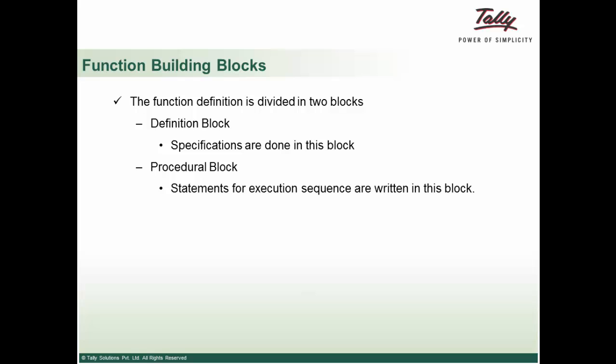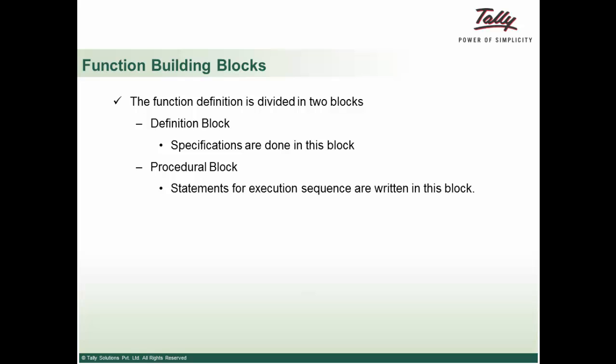Function building blocks. There are two blocks in a function: a definition block and a procedure block. The definition block holds the specifications: what variables you need, what parameters you will require, how many parameters, and what will be the return value, whether it will return a value, and what the return type of the value will be.